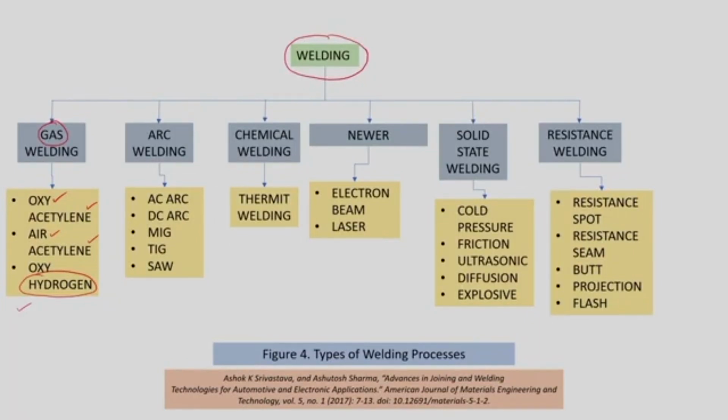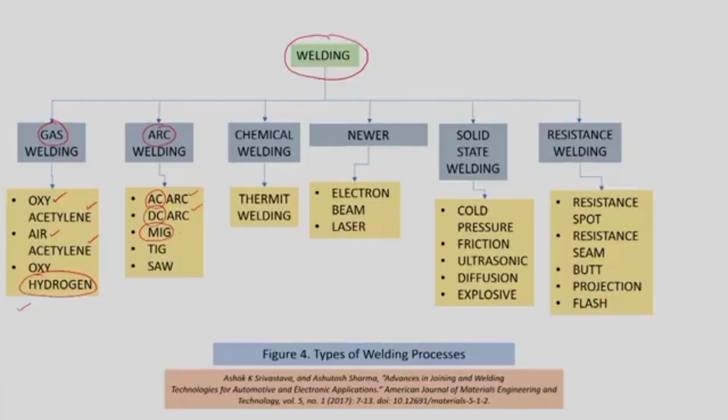If we are using an electric arc during the operation, that is called arc welding. We can generate the arc by using alternating current or direct current, or we are using some sort of inert gases during the operation, which we call metal inert gas welding. In AC or DC arc welding, we are using an electrode with flux material, either coated or an additional flux material, for the protection of the weldment, which we have already seen in our previous slide.